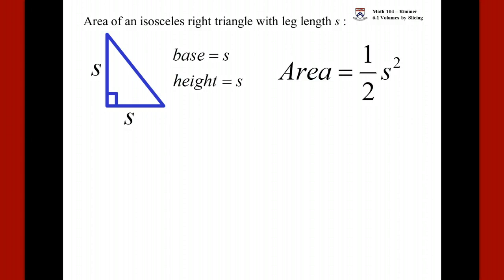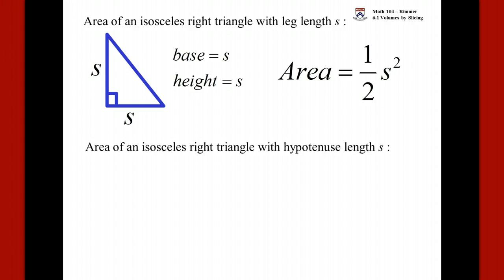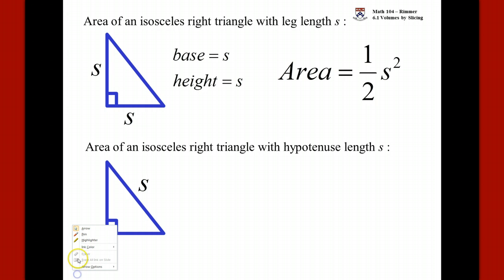It gets much more difficult if you think about it as an isosceles right triangle where the hypotenuse is s. Then it becomes much more difficult. We need the base and the height. The base is here, and the height is here.